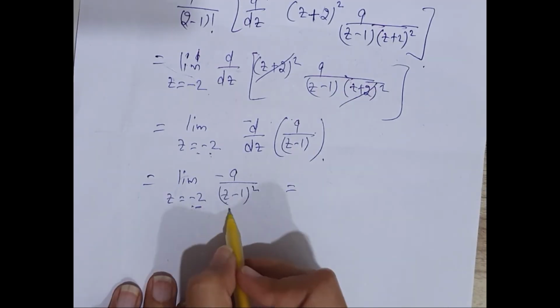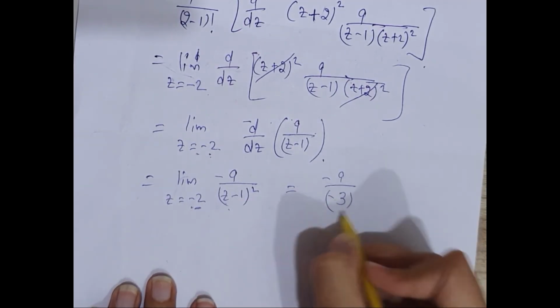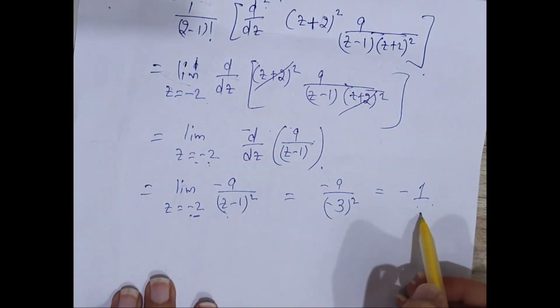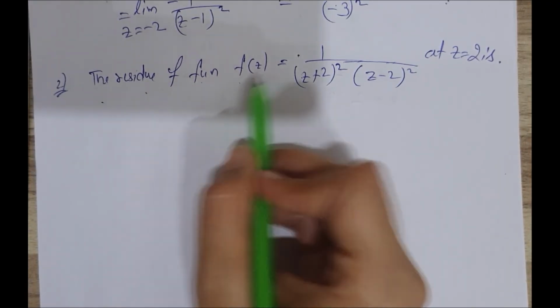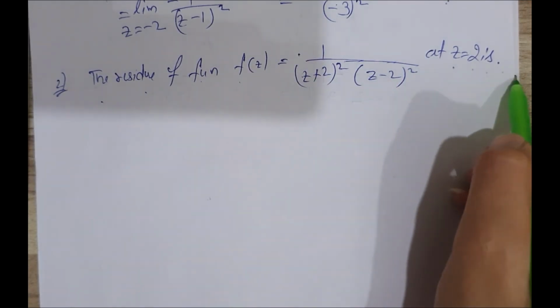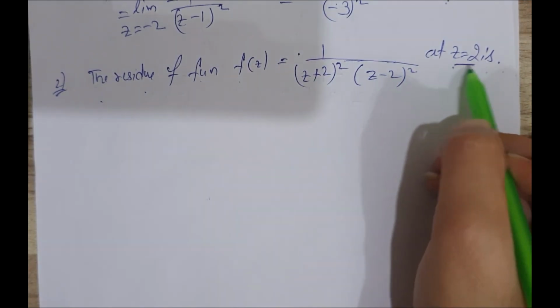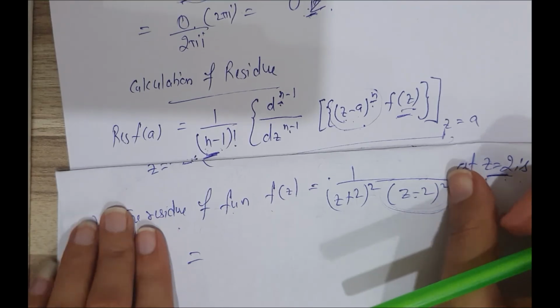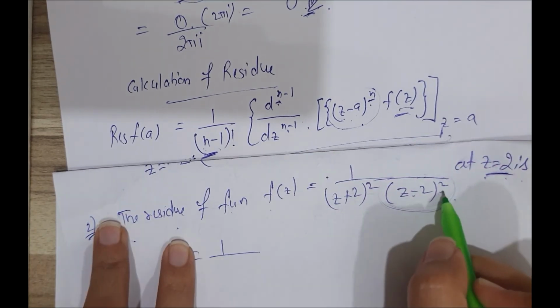Now put the value of z here. Now the residue at minus 2 comes out to be minus 1. Now the residue of this function at z equal to 2. Now we have to find the residue at z equal to 2. It means that we have to find the residue of this. Just put it in the formula. Here n is 2.